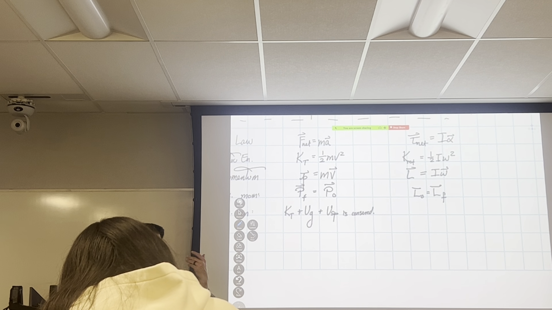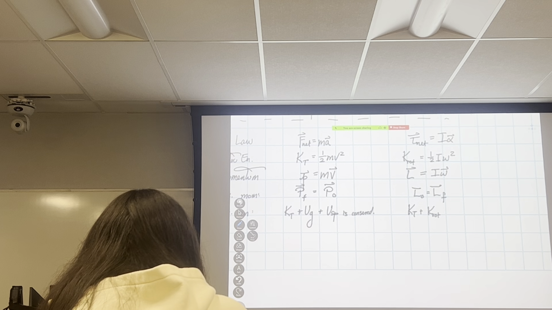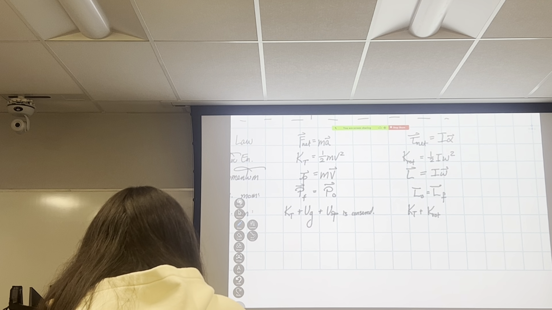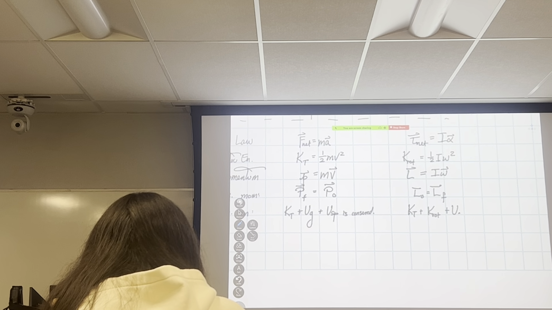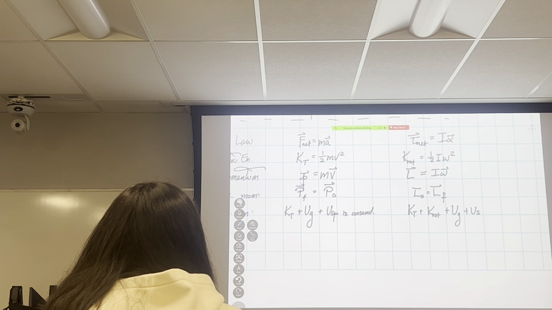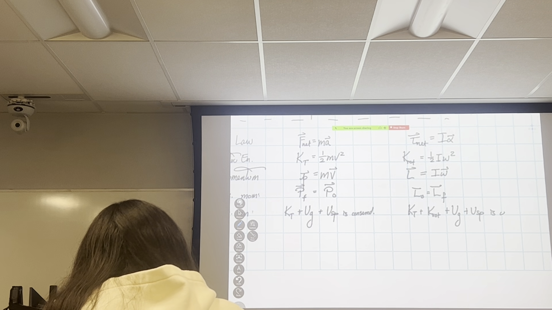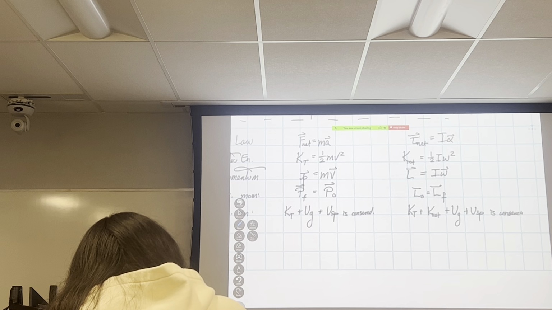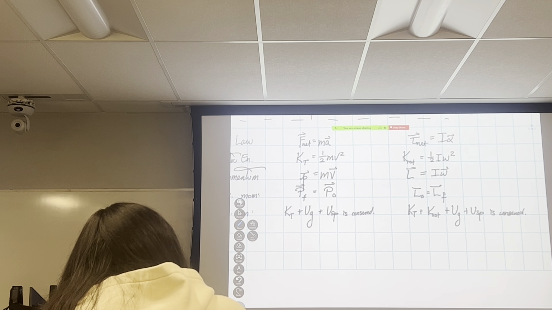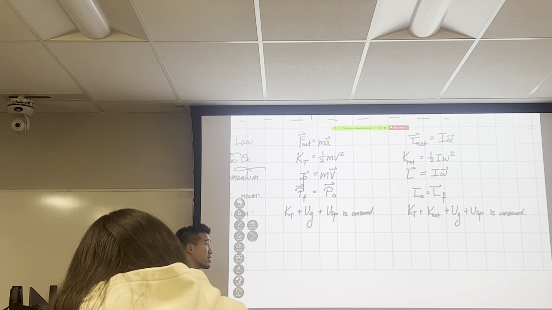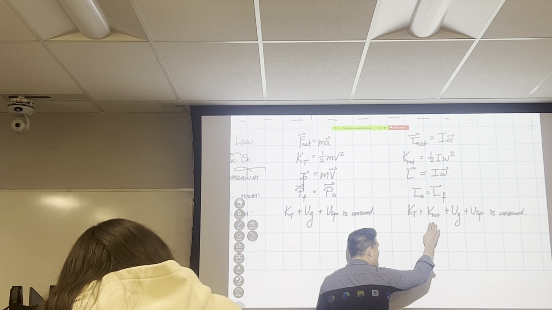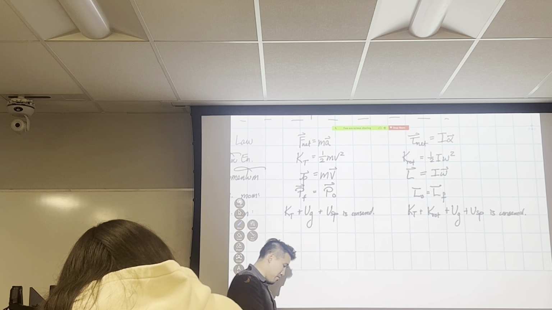With rotational energy in mind, we actually have KT plus, there's that kinetic rotational energy now, plus UG plus USP is conserved. So when you're rotating, there is an additional energy term.